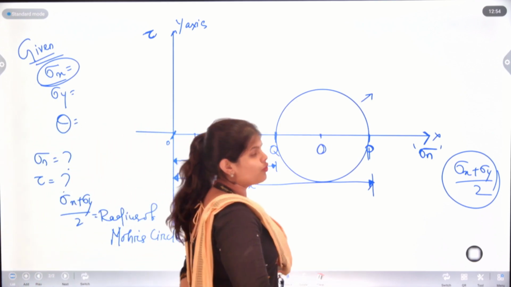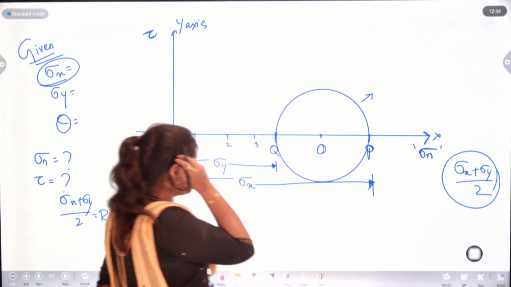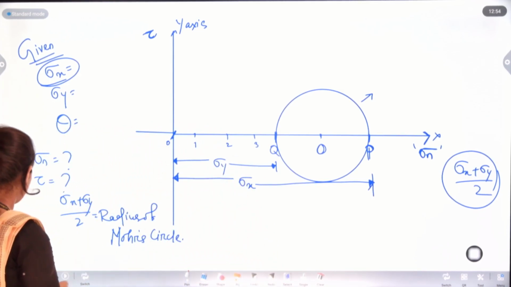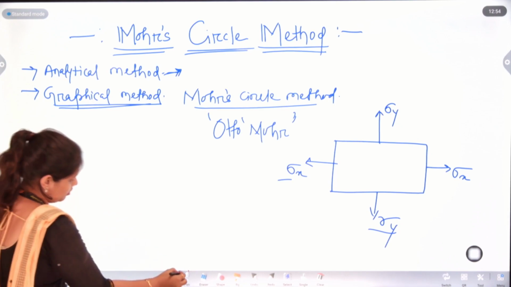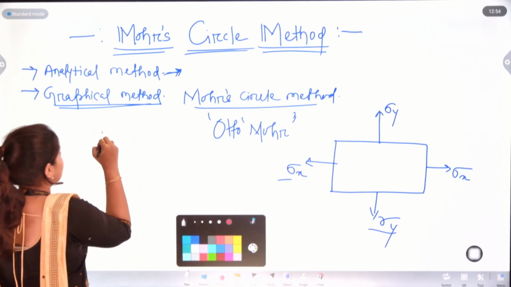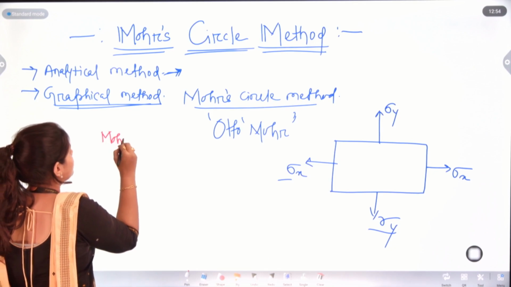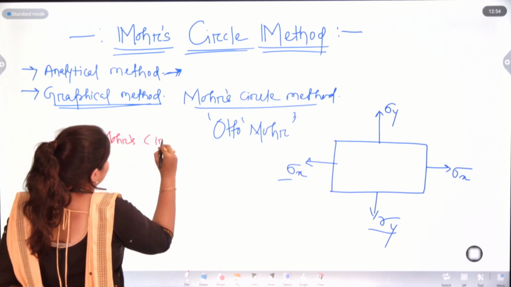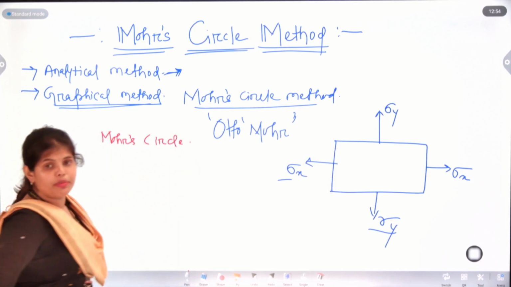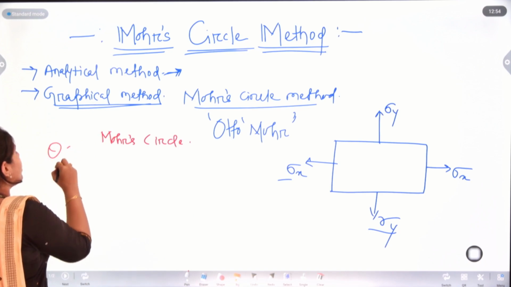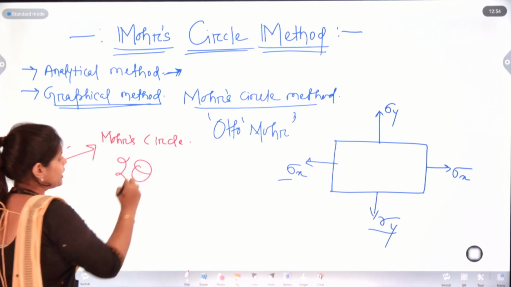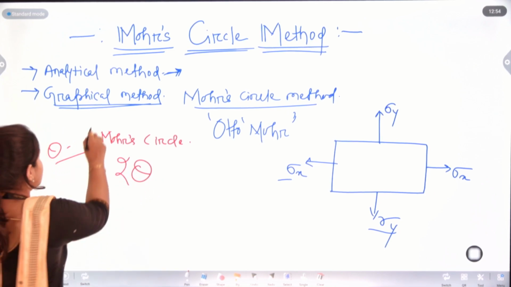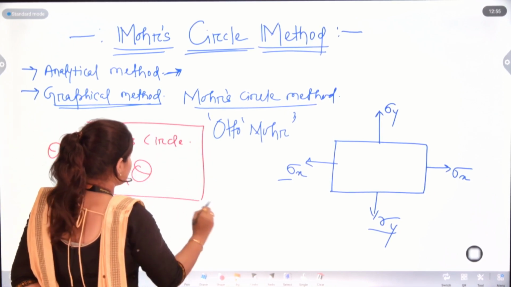Now it's time to find the values. We need to remember one point: in case of the Mohr circle, we already have the value theta, but we need to put it as 2 theta. It is the rule for the Mohr circle.